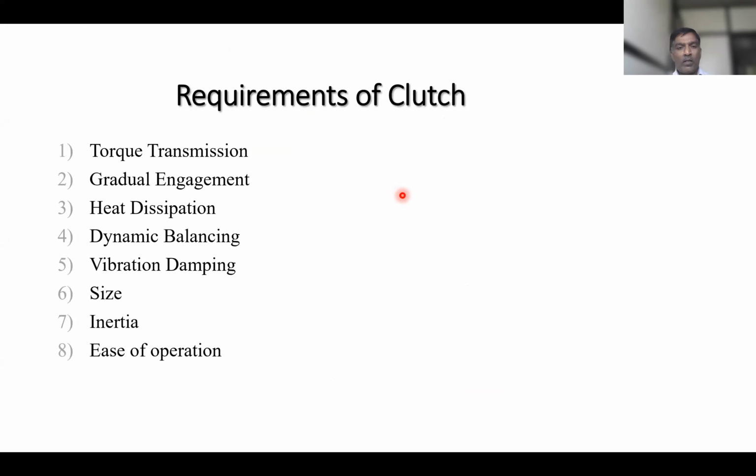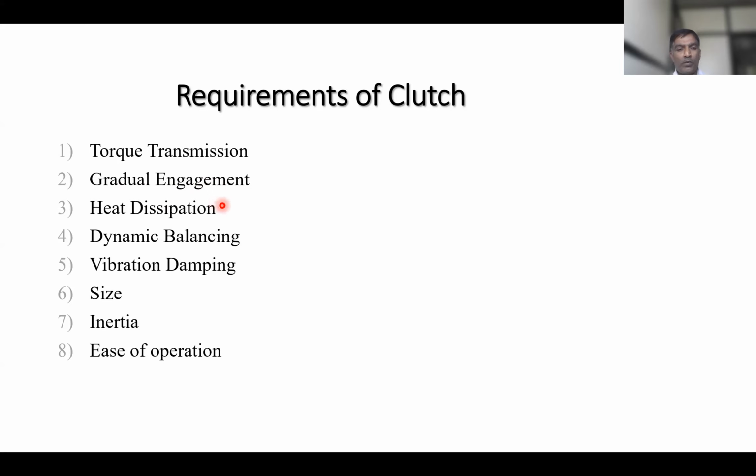Then with respect to the requirements of the clutch, we have seen the first requirement: it is made to transmit torque from the driving to the driven shaft. Then it should have gradual engagement.